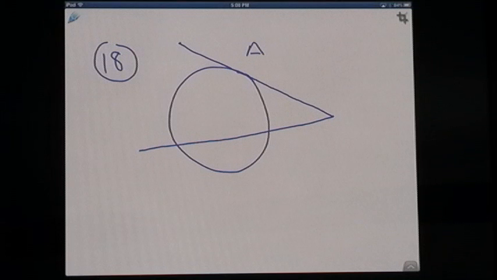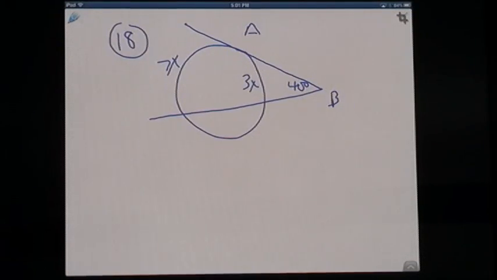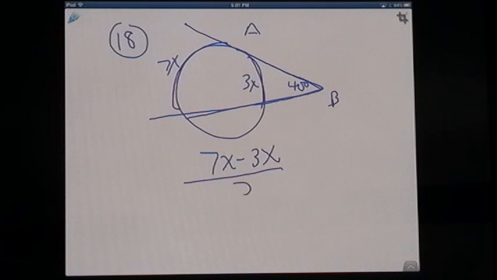A, B, 40 degrees, 3x, and 7x. This one is actually much easier to do than it looks like it is. Since our segments are crossing on the outside, we know we have to subtract these arcs and divide by 2. So we subtract 7x minus 3x, divide by 2 equals 40.